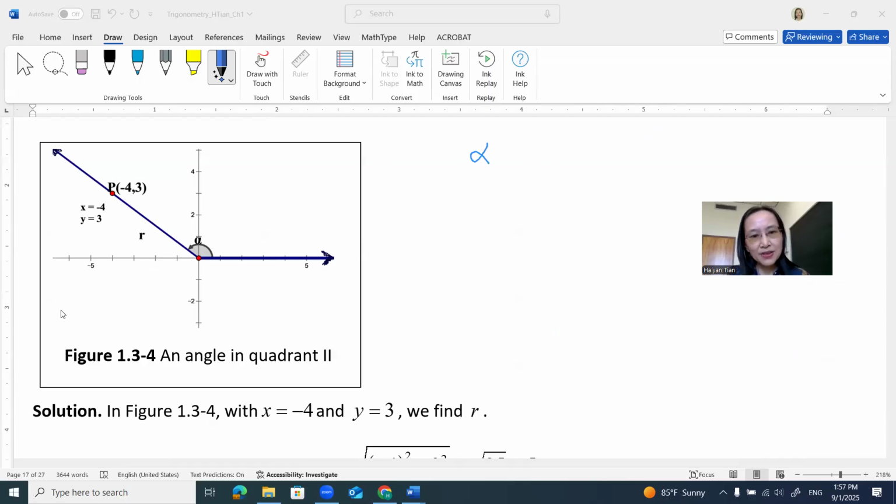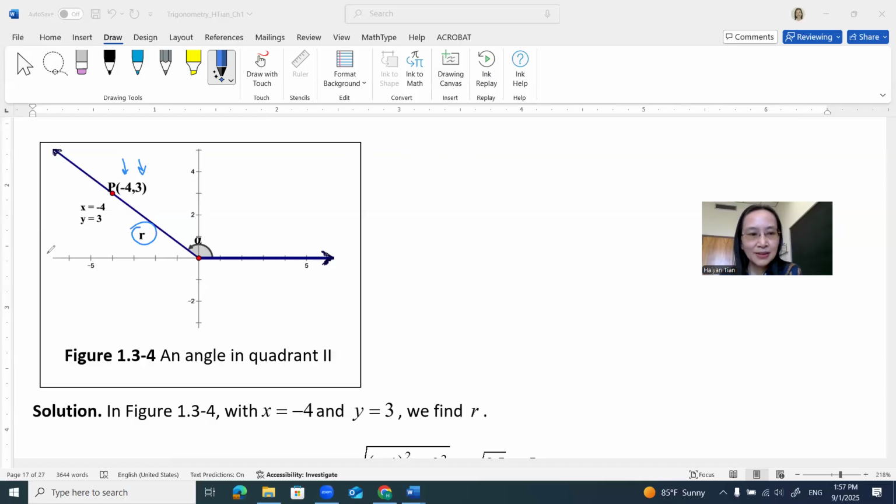How do we calculate? Let's follow definitions. We pick a point whose x, y coordinates are -4 and 3 respectively, and we still need the r value, right?